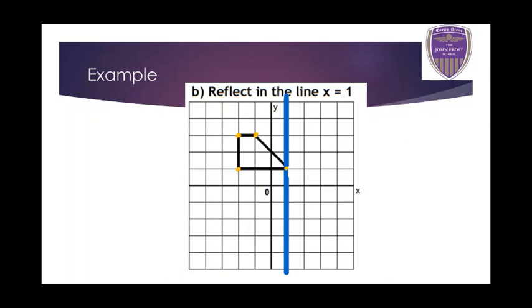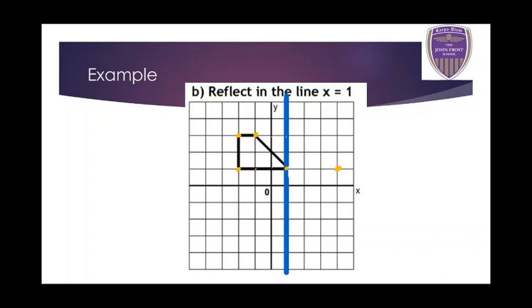Let's do this other point on the bottom of the shape now. How many squares away is this from the line of symmetry? 1, 2, 3. Therefore, to reflect this point, I have to count 3 squares in the other direction. 1, 2, 3. What about the point in the top left of the shape? How many squares is that away from the line of reflection? 1, 2, 3.